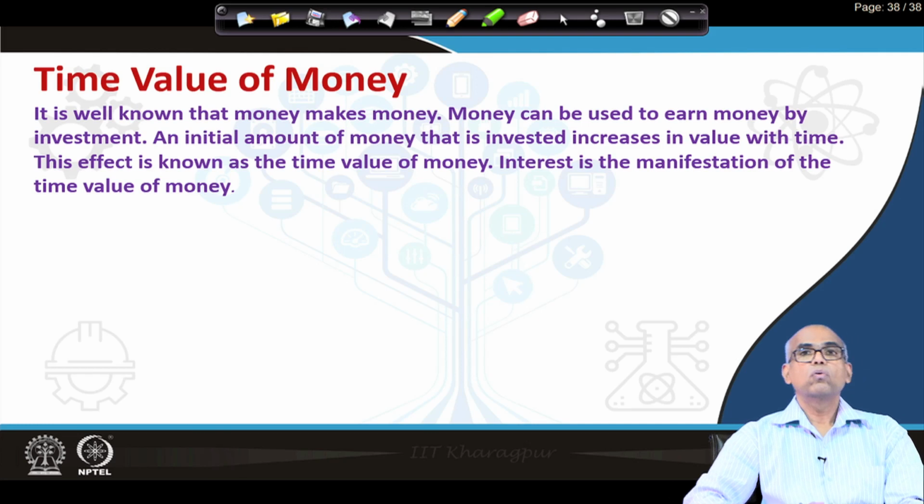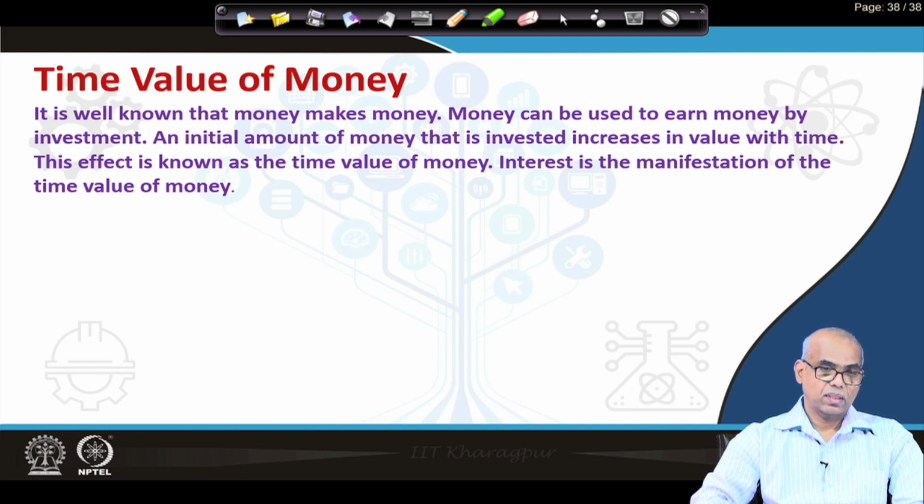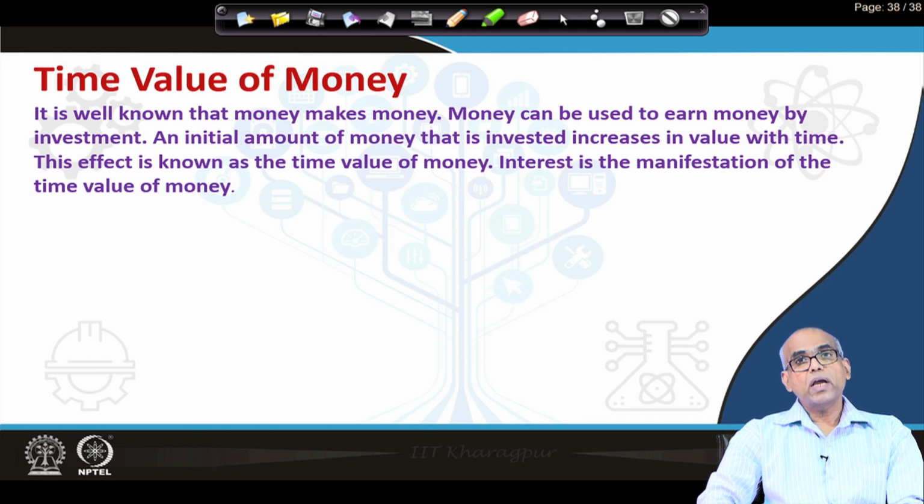Now, we will start talking about the time value of money. We will return to cash flow diagrams again in the next lecture. It is well known that money makes money.